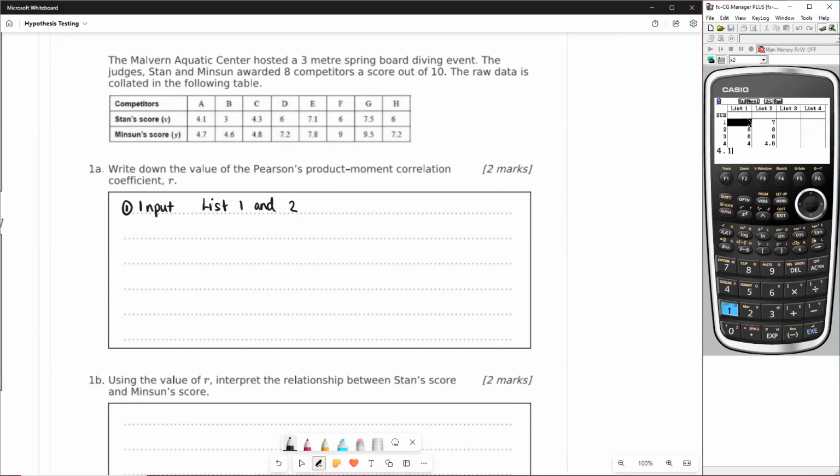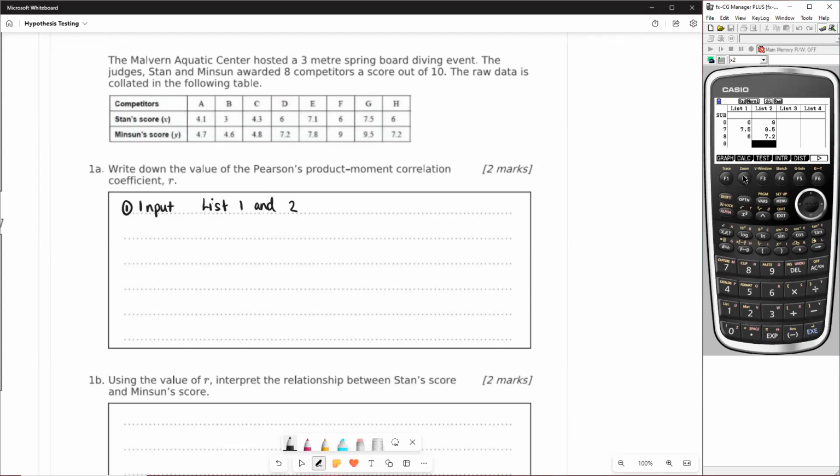Okay, so it goes 4.1, 3, 4.3, 6, 7.1, 6, 7.5, and 6. Then the other list should go 4.7, 4.6, 4.8, 7.2, 7.8, 9, 9.5, 7.2.